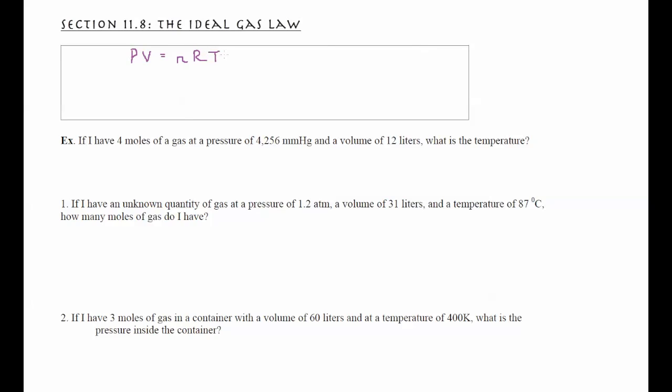So there are 3 old terms in this that are a review, and there are 2 new terms. This right here is obviously your pressure. V is your volume. T is your temperature.